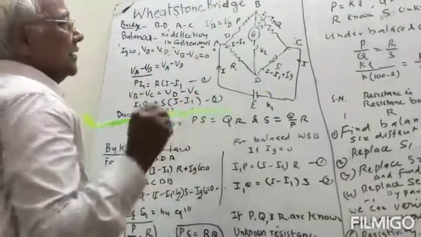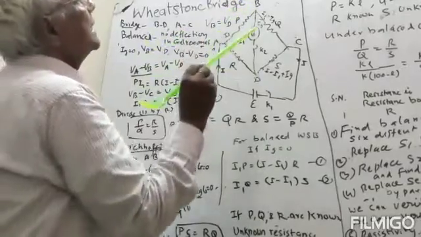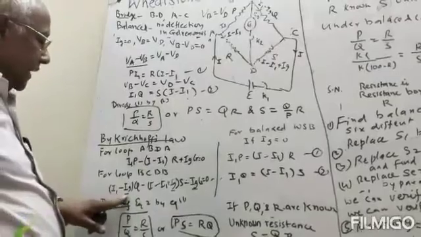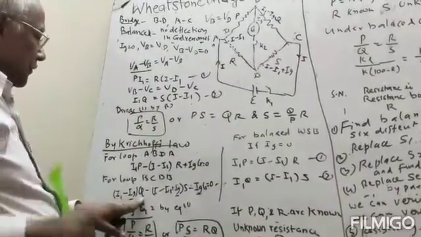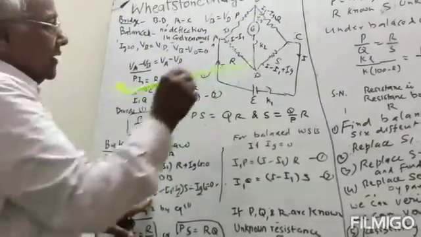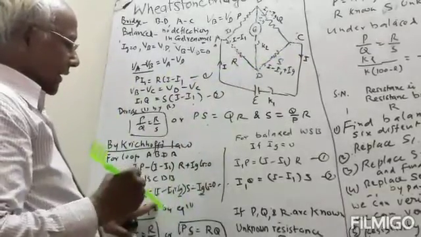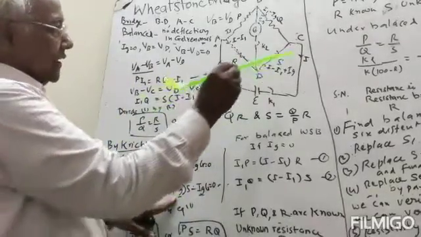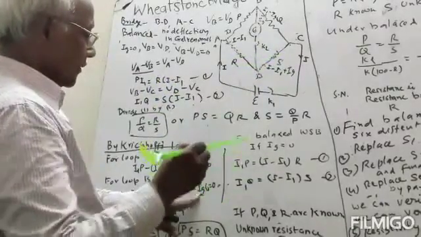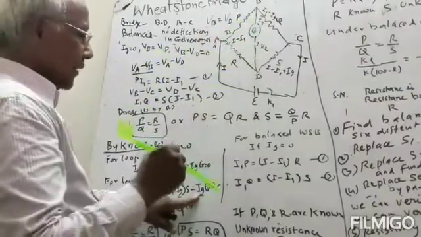So we will take the loop B, C, D from here, then it is equal to I1 minus Ig into this resistance Q minus, now the loop direction is this and the current is this, so minus I minus I1 plus Ig, this current multiplied by S, and minus Ig into G, this will be equal to 0.